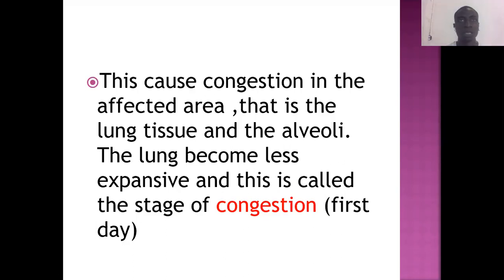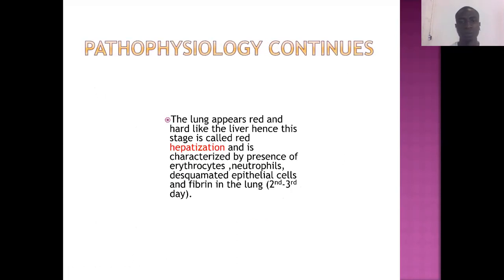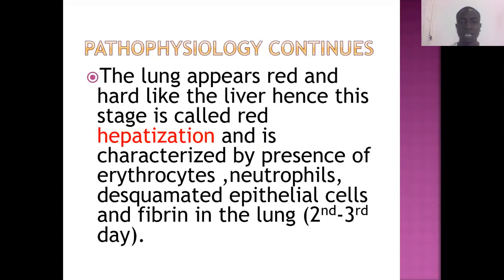So the first stage is called congestion, because there will be congestion in the affected area. The lung appears red and hard like the liver, hence it's called red hepatization, and is characterized by the presence of numerous neutrophils in this stage.